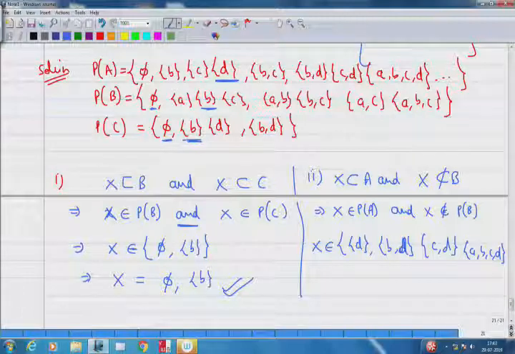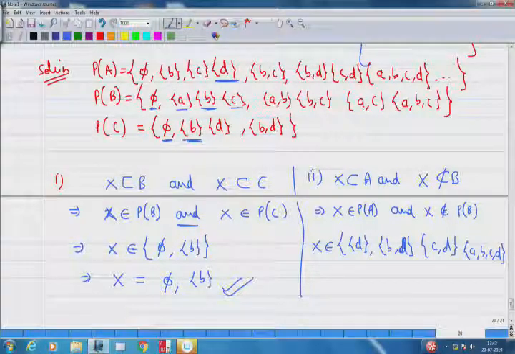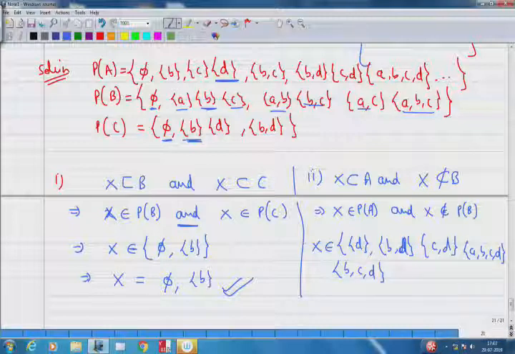or whatever is left, just remove these three things from the power set of A, because A was having ABCD all the elements. So we can't take A and we can't take C. AB we cannot take, BC we cannot take, AC we cannot take, ABC we cannot take, but we can take BCD, we can take ABD, and AD we can take.